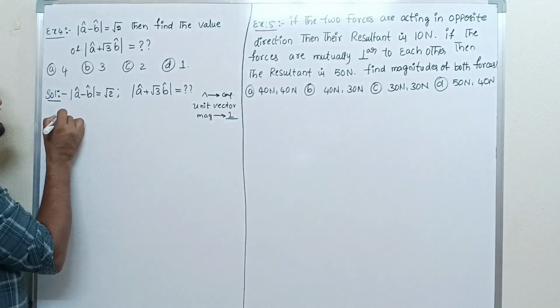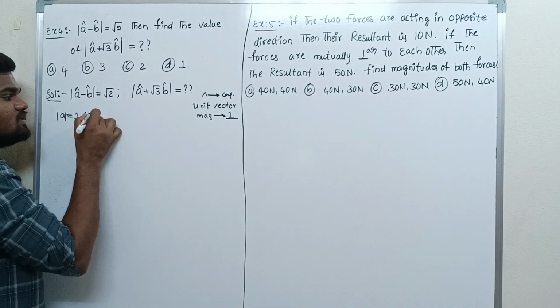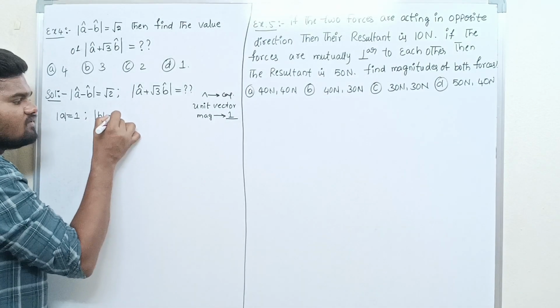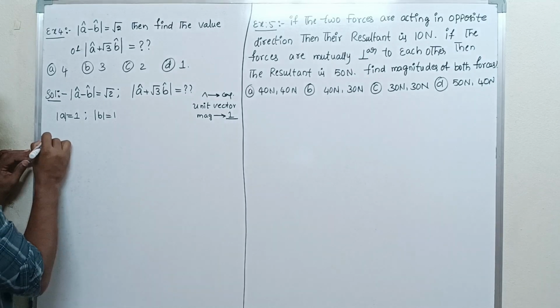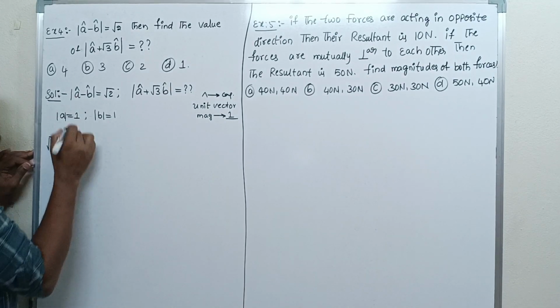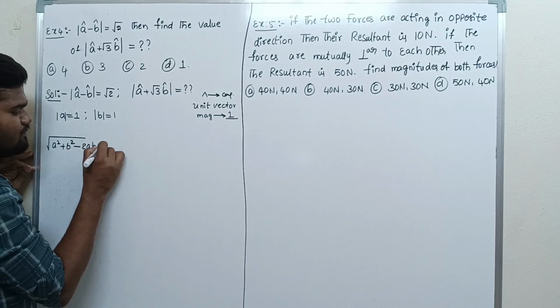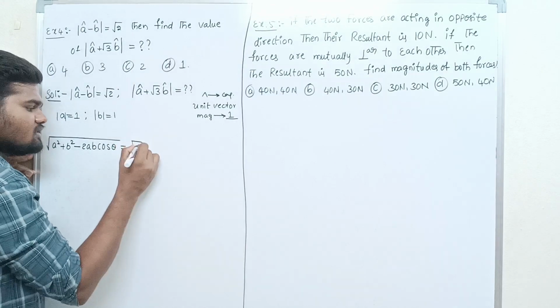That means here the value of A is equal to 1. So the magnitude of B is also equal to 1. So magnitude of A minus B means what? Under root of A square plus B square minus 2AB cos theta is equal to root 2.